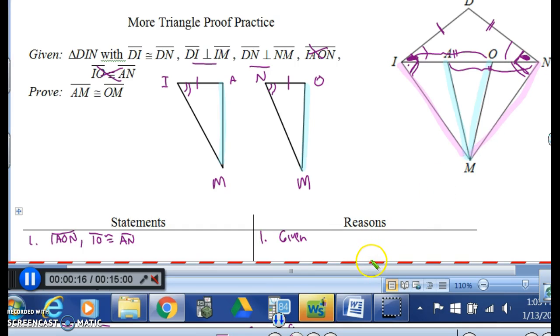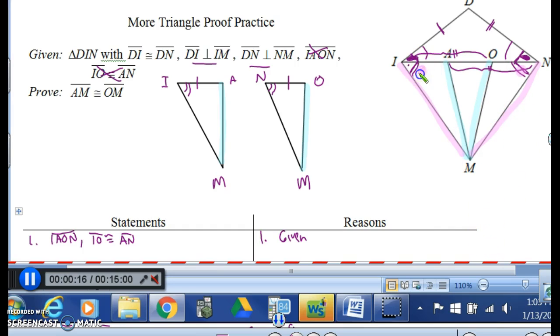All right, now remember, we just proved that these two angles right here were congruent by our previous step. Well, if those two angles are congruent, what does that tell me about triangle INM? Well, isn't it an isosceles triangle? Yeah. So if these two angles are congruent, that means the sides opposite them are congruent, making INM an isosceles triangle, and IM is congruent to NM.